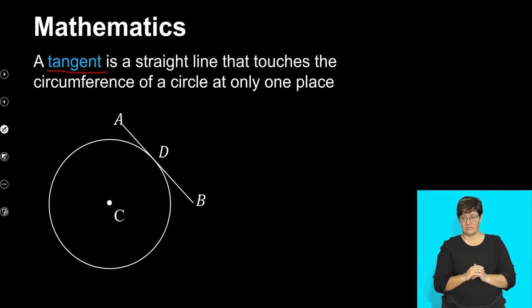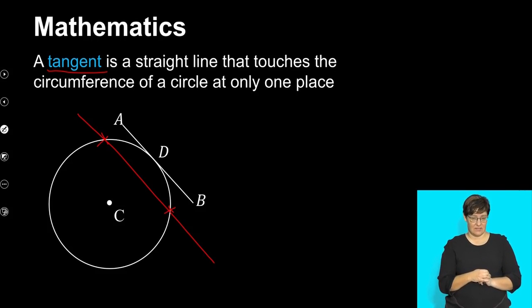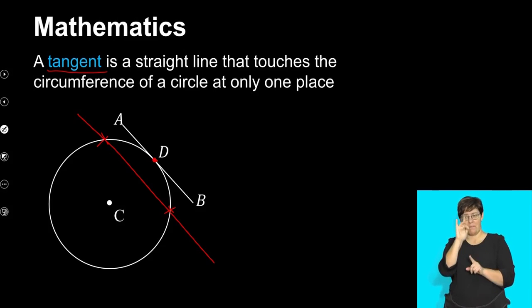So this red line here is not a tangent because it touches my circle there and it touches my circle there. Line AB is a tangent because it only touches my circle once.